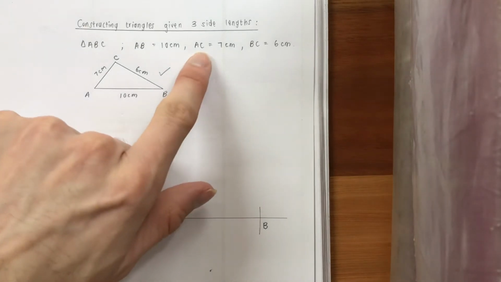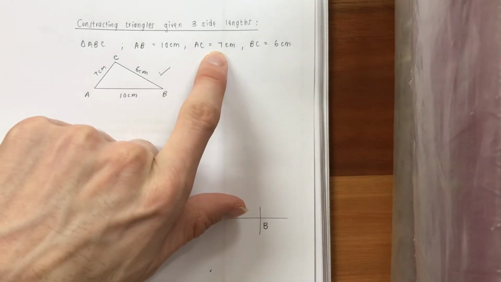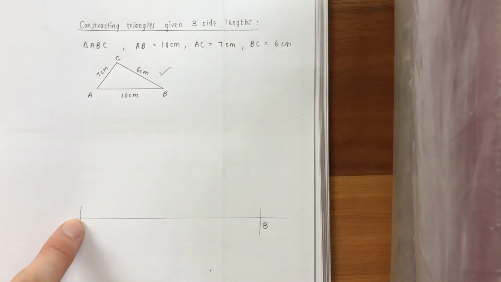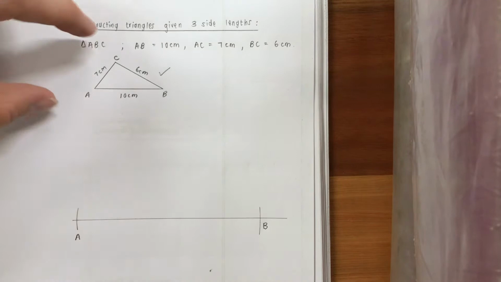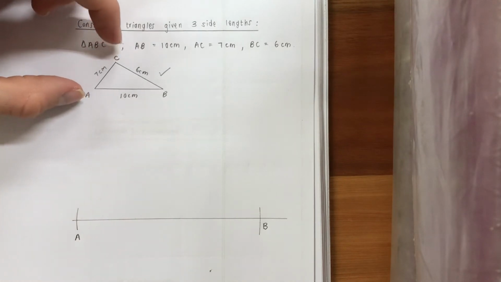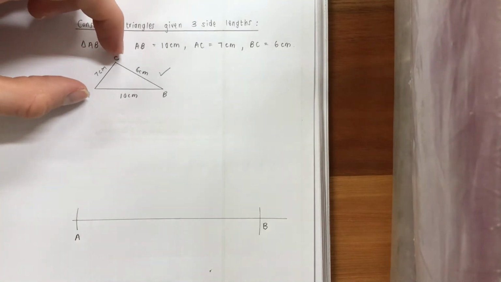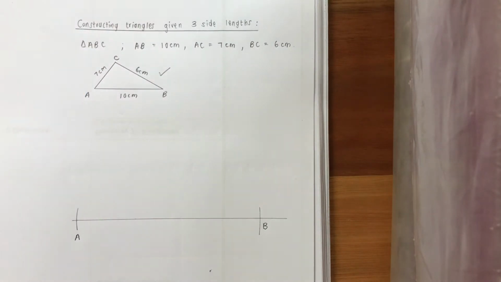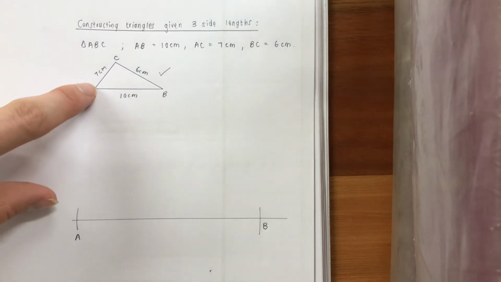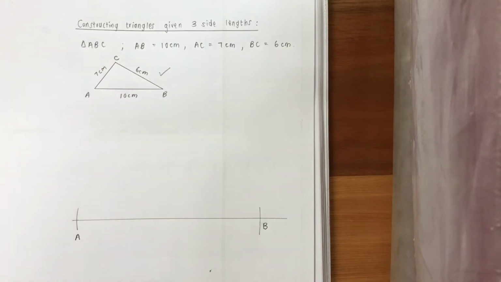Then, what do we know? AC is 7 centimeters. That means from A to point C, like we have here, can you see on the rough sketch? This is why the sketch is important, because it gives you the information. AC is 7 centimeters. So we know that from point A we will have a 7 centimeters distance.